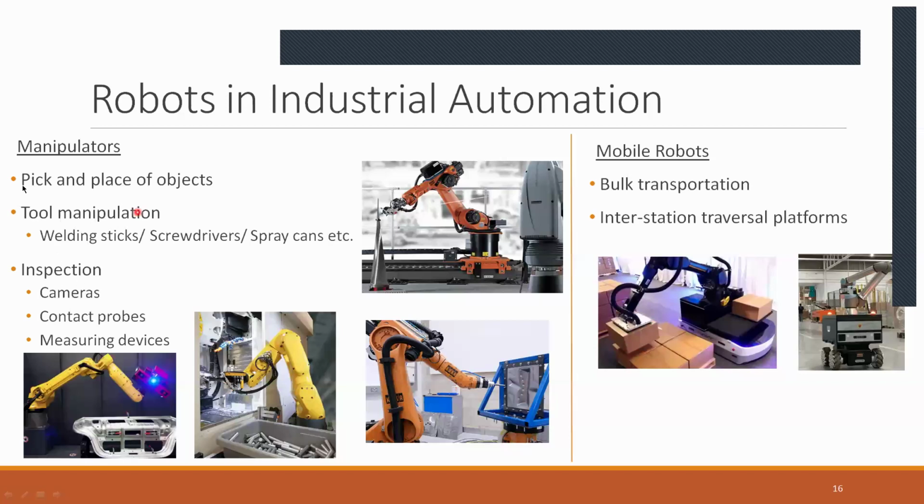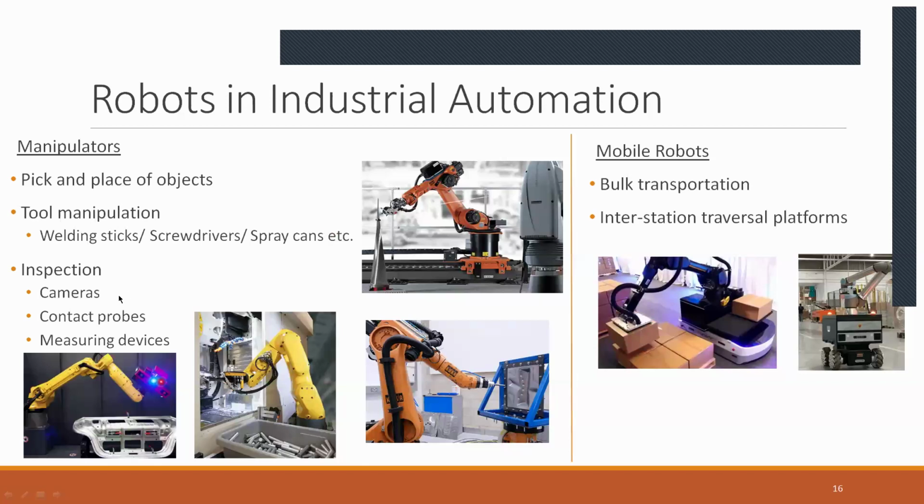Right. A third category of tasks that manipulators are engaged in is inspection, either by cameras, contact probes, or measuring devices. This is an example of inspection by a camera. There's nothing that I need to explain here. There's a camera attached to the end of the robot. It moves the camera along a certain path and sends the images over to a processing network.